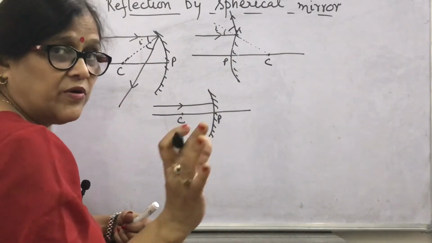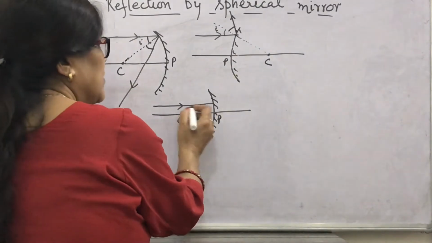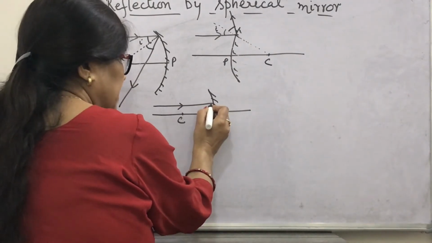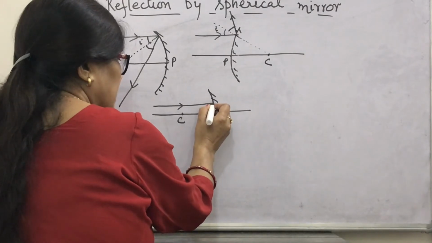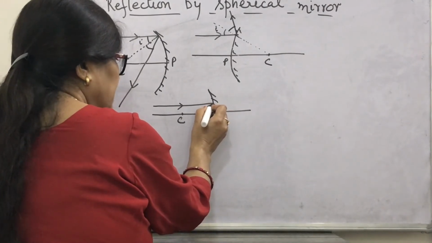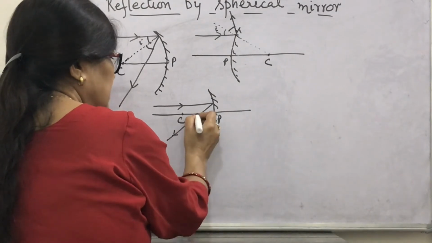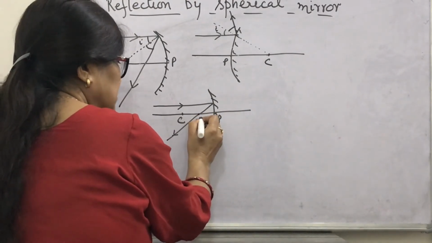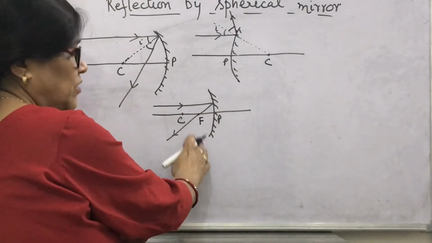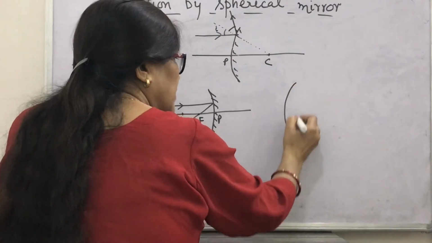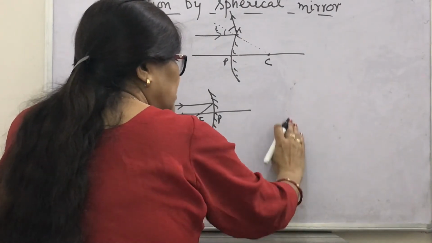So, for paraxial rays which are parallel to the principal axis, they are reflected by the mirror obeying the rules of reflection in such a way that they pass through the focus in case of concave mirror, and in case of convex mirror they will appear to pass through the focus.